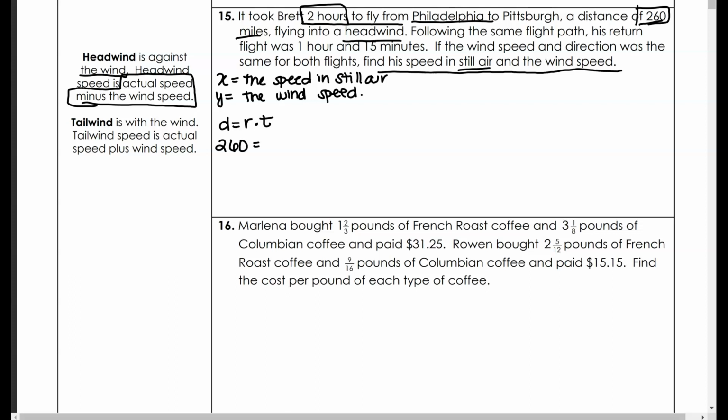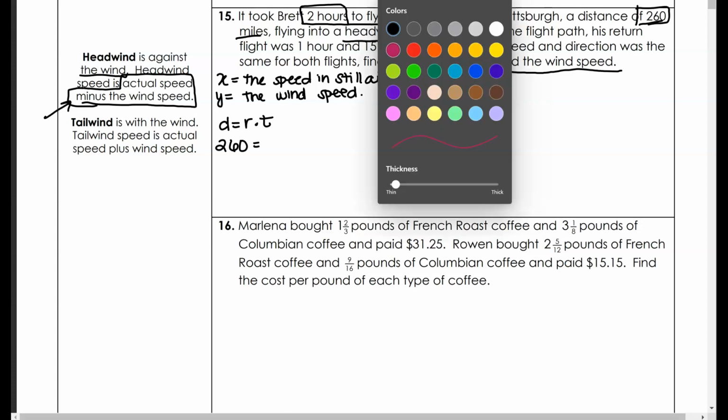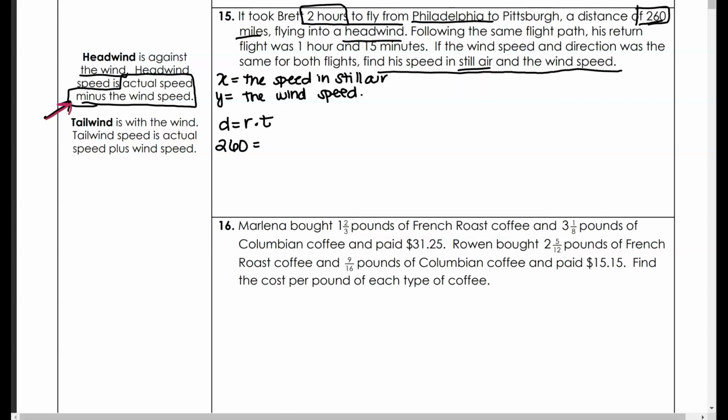The rate at which we are flying comes from this fact right here. It's the speed minus the wind speed. So I know what the speed that I have is x minus the wind speed, which is y.